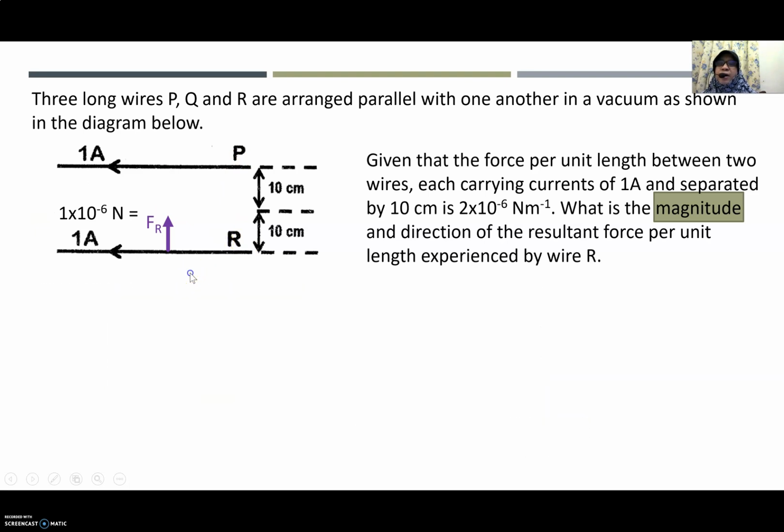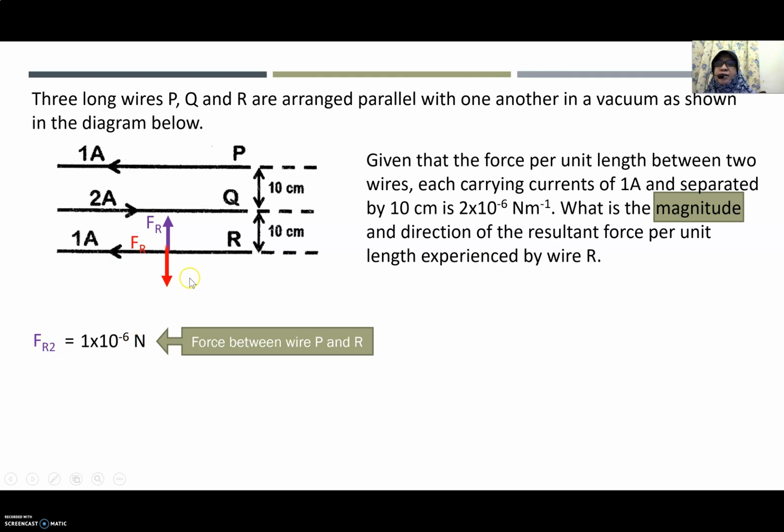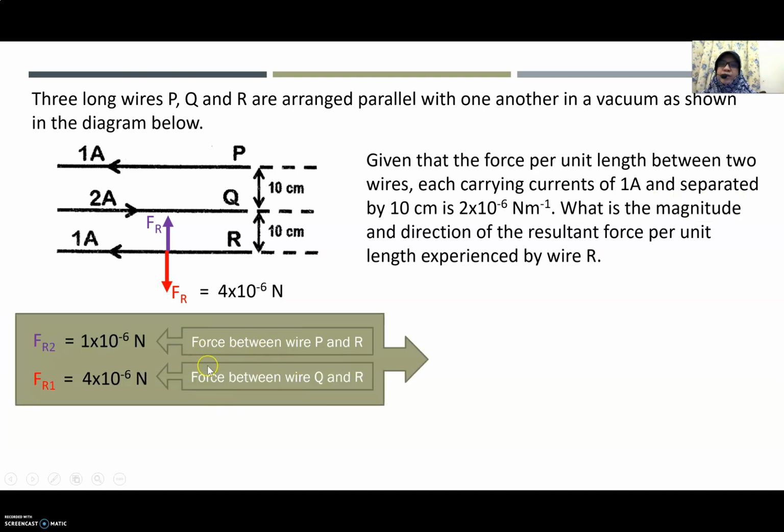Now we combine both forces on wire R. This is the second one, which we calculated as 1 times 10 to the power of negative 6 Newton. We name it as FR2, and FR1, from the beginning when we found the force on wire R by wire Q, is 4 times 10 to the power of negative 6 Newton. With these two forces, we can determine the resultant.